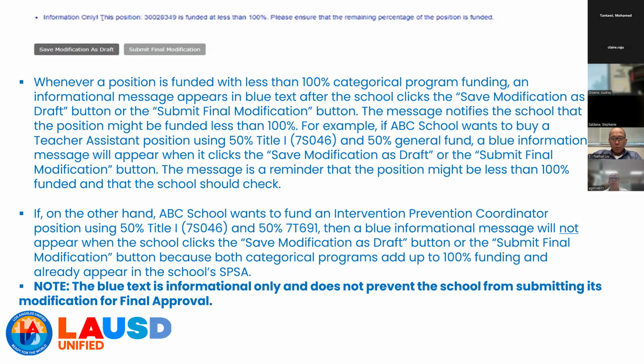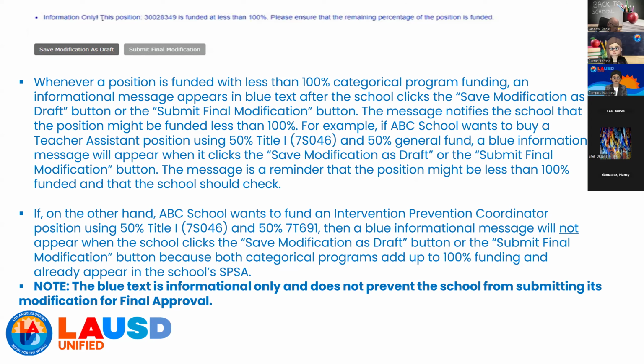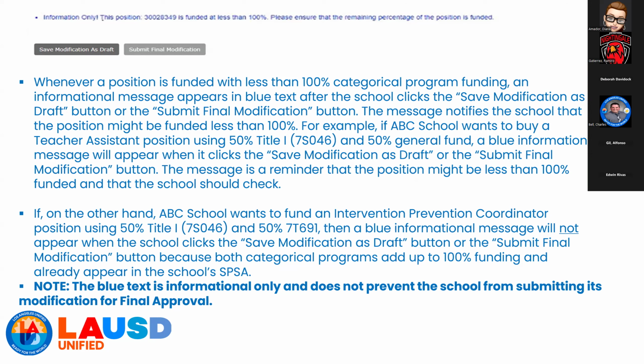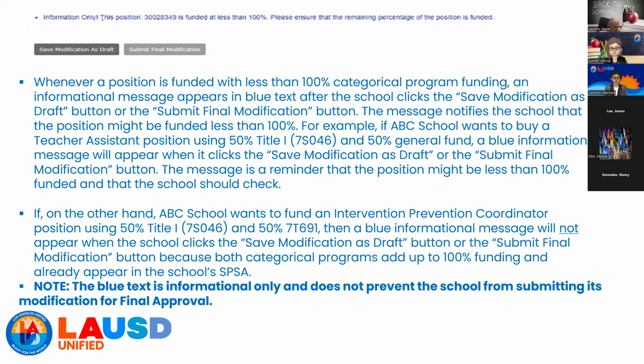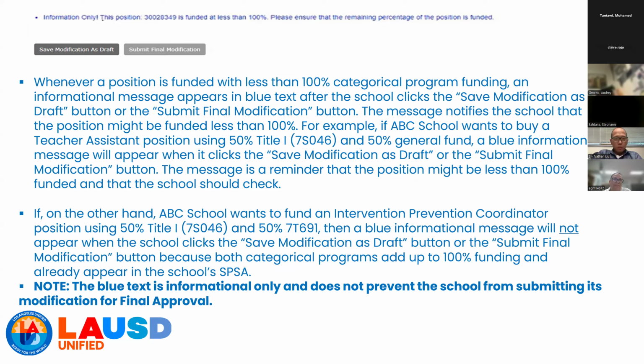And so, for example, if ABC School wanted to buy a teacher assistant position using 50% of the Title I 7S046 program and 50% of a general fund, you would see a blue informational message when you click your Save Modification as Draft or when you click the Submit Final Modification button. And it's simply a reminder that your position might be less than 100% funded and that you should check.